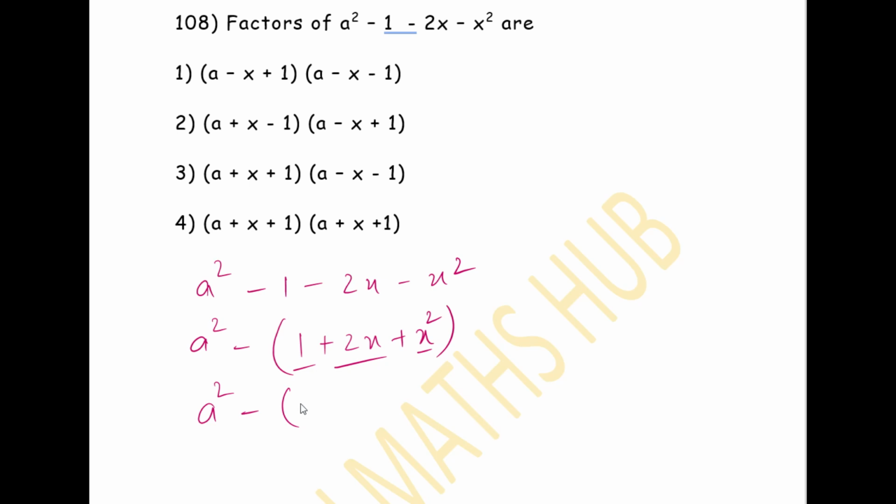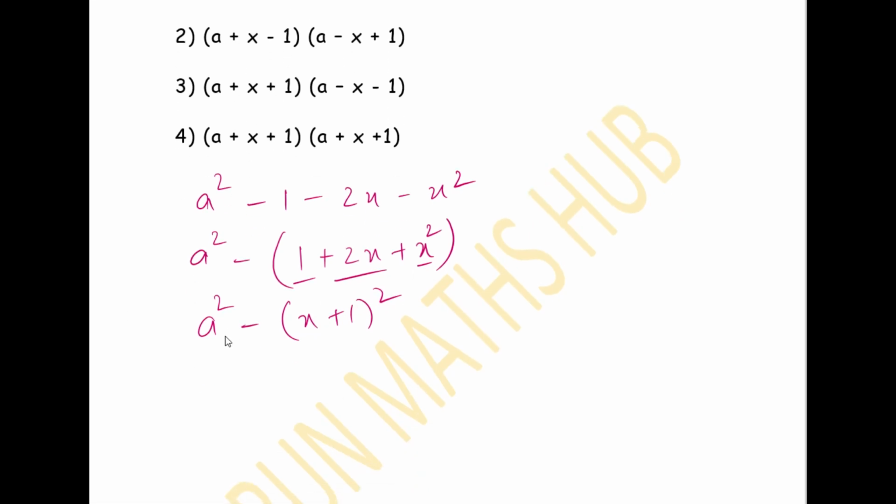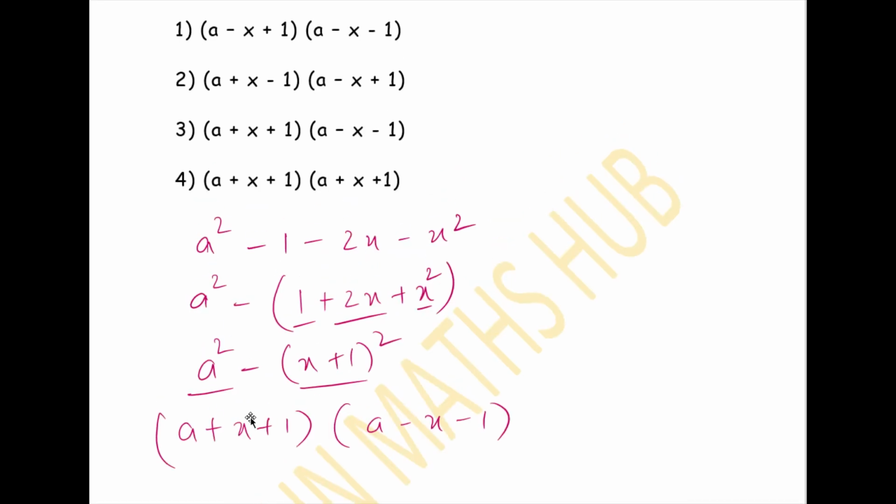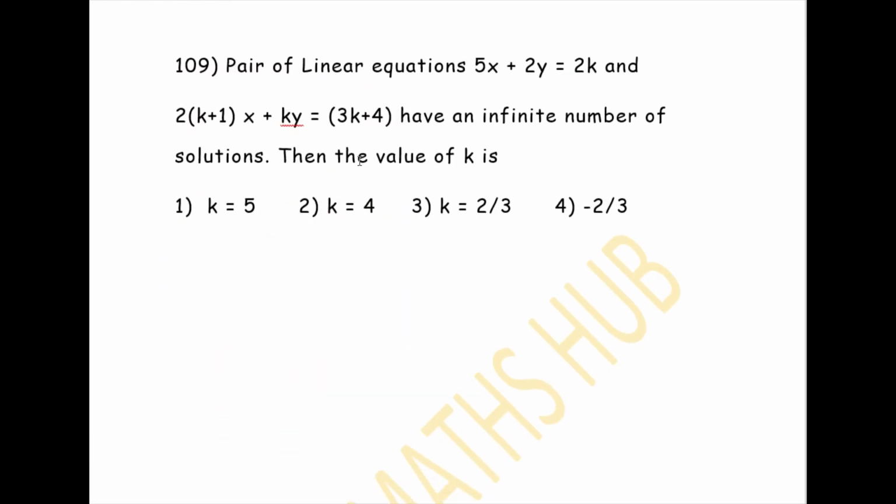Therefore it can be written as x plus 1 the whole square. Therefore it is of the form a square minus b square, we can write as a plus b into a minus b. Therefore the factors are a plus x plus 1 into a minus x minus 1. Therefore the correct answer is option 3, a plus x plus 1, a minus x minus 1. Now moving to the next question.